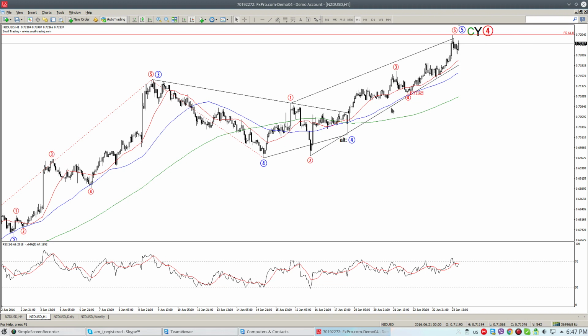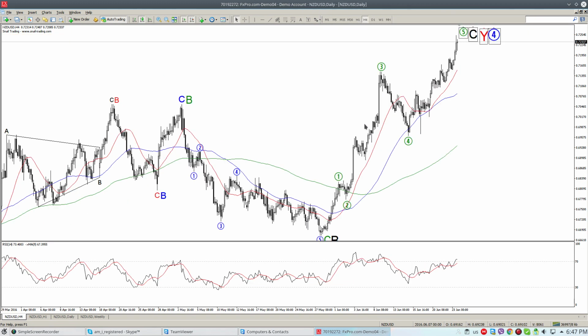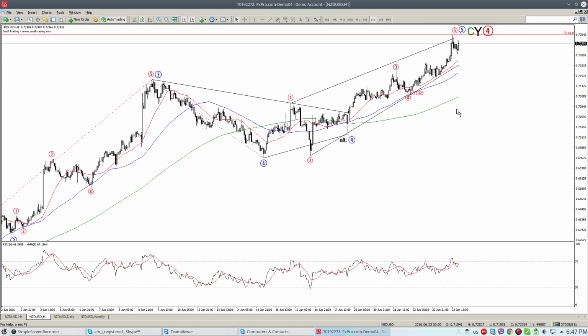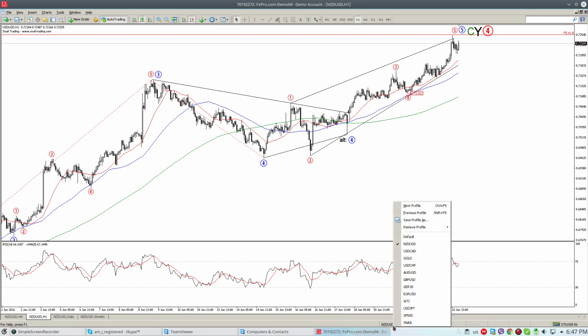So on the daily chart we have the 78.6% retracement, we have this long-term mid-term channel, and we also have on the 1-hour chart this target for wave 5, all at the same place. Our Elliott Wave count expects a reversal to the downside, so we stick with that and we will see what will happen.